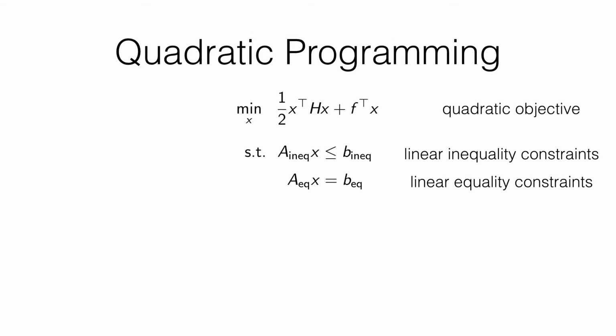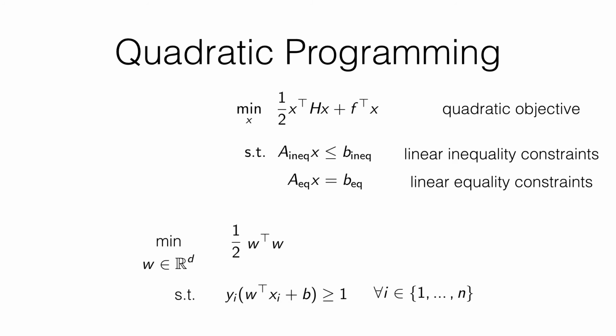So our large margin classifier fits exactly this form with a relatively simple definition for H and F. Well, F is just 0 in this case, and also a fairly simple definition for the linear inequality constraint matrix and constant vector. So that's it. This is the separable SVM, or support vector machine, or large margin linear classifier.